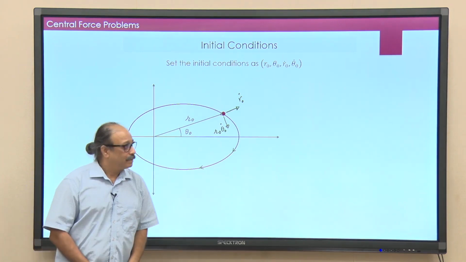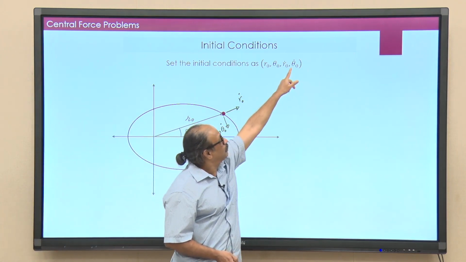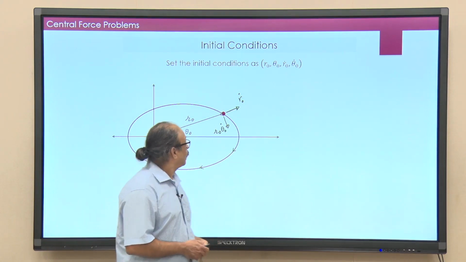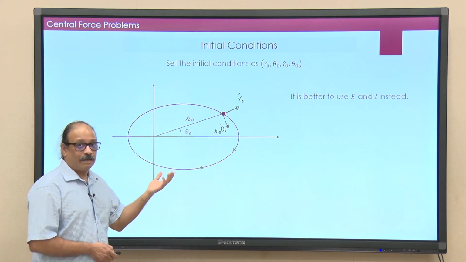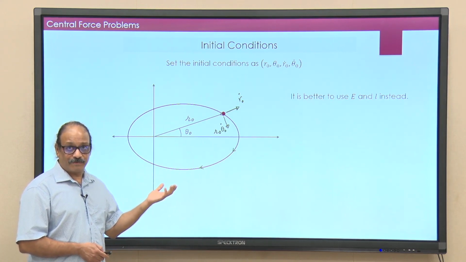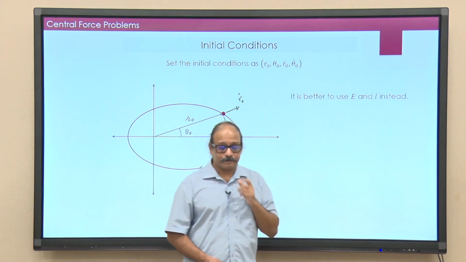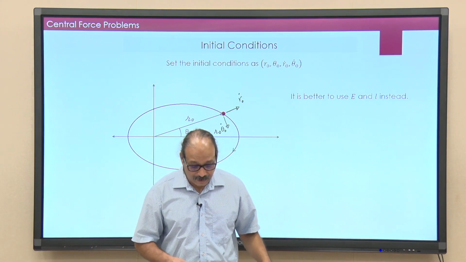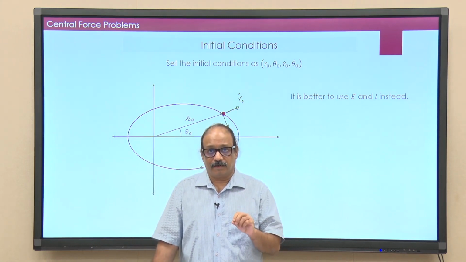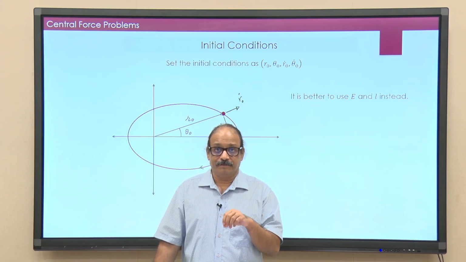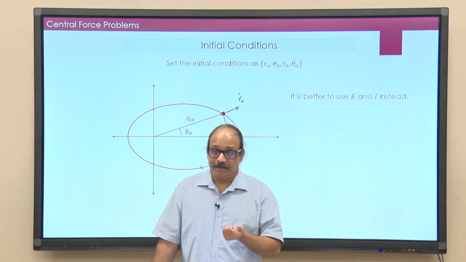Now, the question is, typically I do not want to use these r dot and theta dot as my initial conditions. It is much better to use the constants of motion which we have already discussed, that is E and L. So, the question is, if I give you 4 constants, that is r naught, theta naught, and now energy and angular momentum, will that give me the orbit?